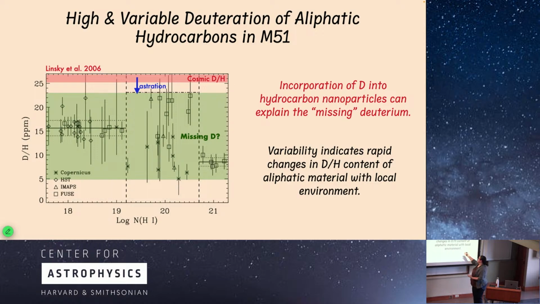One thing it suggests is that there has to be a lot of rapid change in D to H in the dust to make this aliphatic material have such variable deuteration. But this is the start of a whole new sequence of spectroscopy for PAHs, spectroscopy of deuterated PAHs. This is the new frontier that JWST enables.